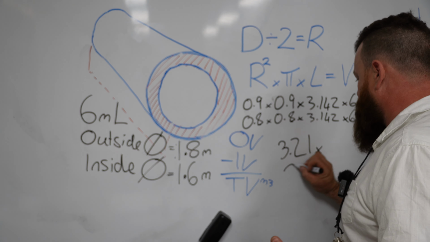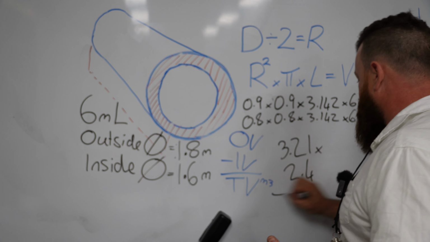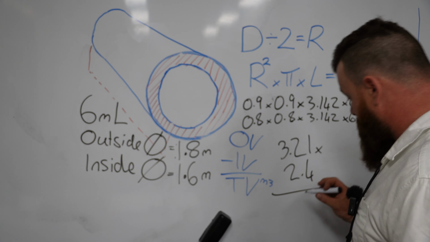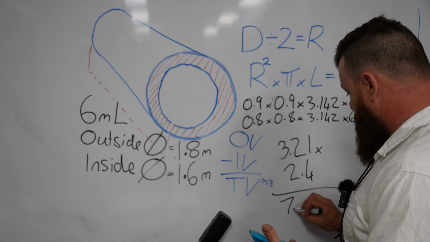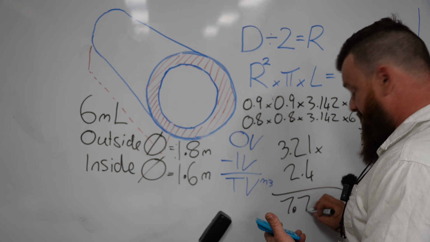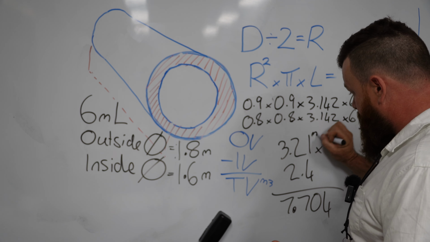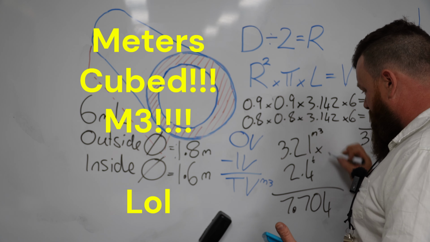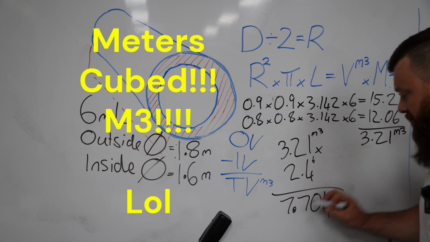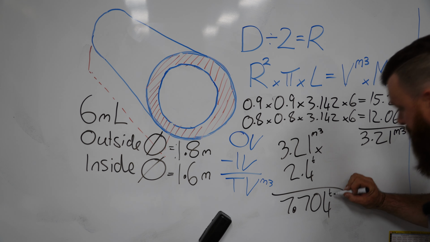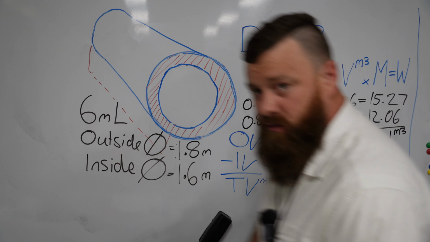Multiplied by 2.4 is going to give us our total weight of 7.704 tons of concrete.